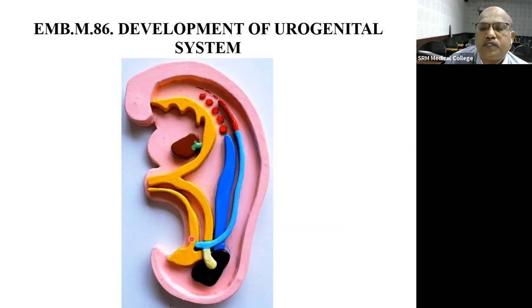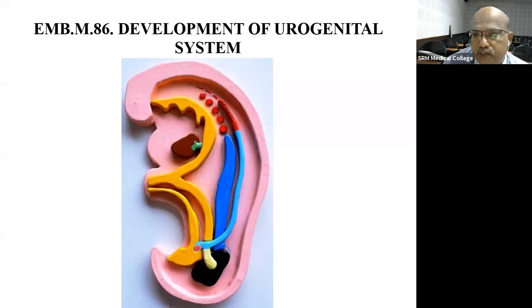The post-allantoic part of hindgut is otherwise called endodermal cloaca. Endodermal cloaca, once again, is getting divided into ventral part and dorsal part. One septum will be arising from this level. That is the urorectal septum. That urorectal septum divides the endodermal cloaca into ventral part and dorsal part.